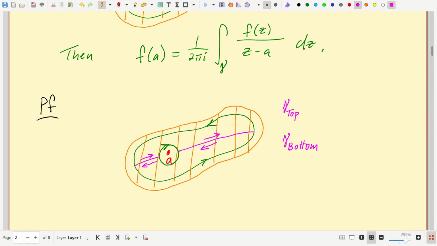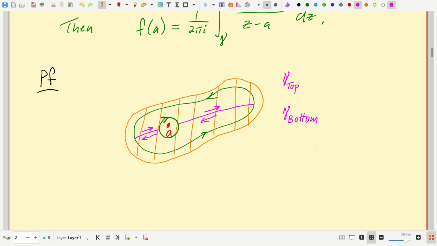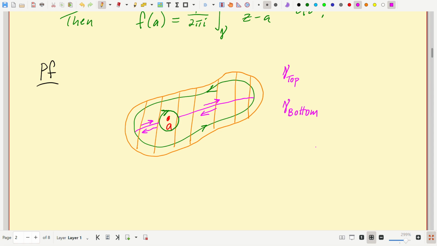Those are two curves, and I usually call my circles C sub epsilon. So this is a little tiny circle of radius epsilon. If it were counterclockwise, I'd call it C sub epsilon about a, that little circle.